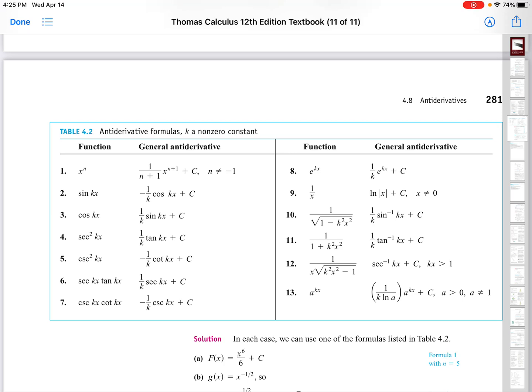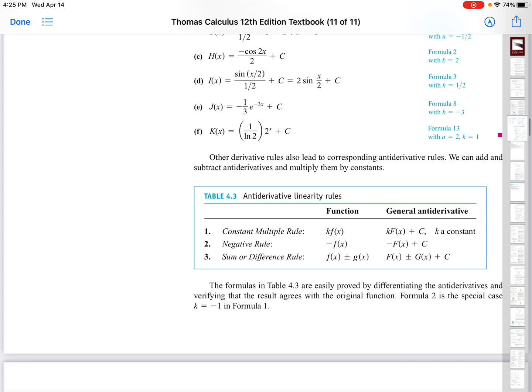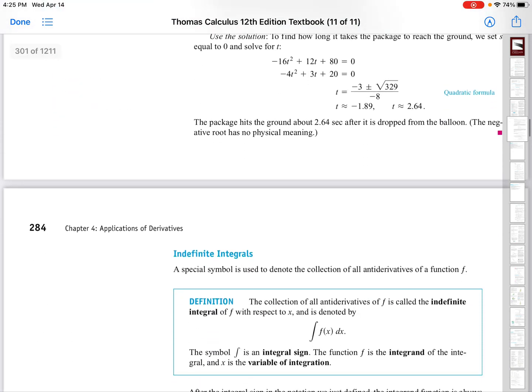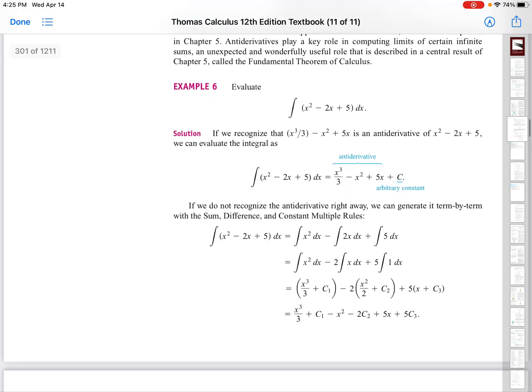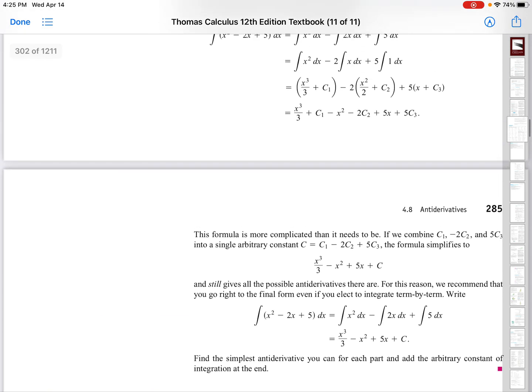So 5, 6, 7, and 13 you can ignore. The other ones are fair game. And I just sort of did all of those for you. So now we have antiderivatives, which are super cool. And everything you need to finish chapter 4.